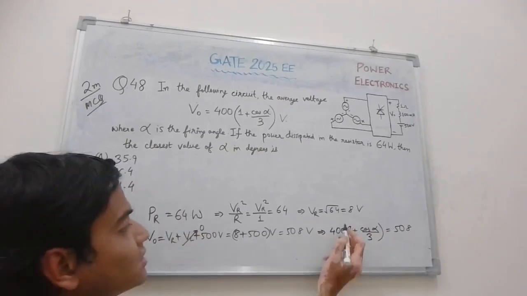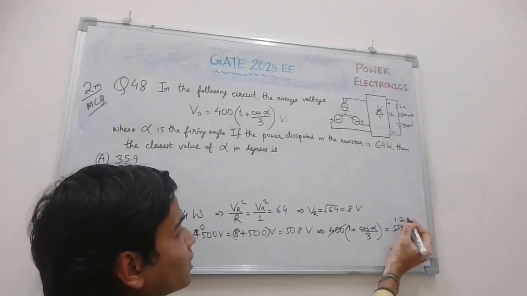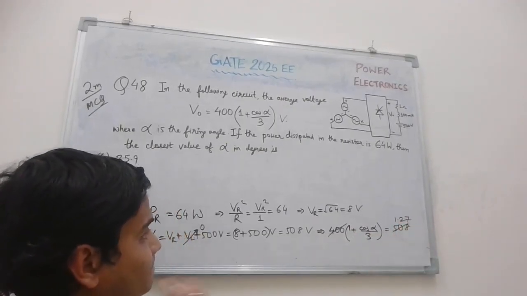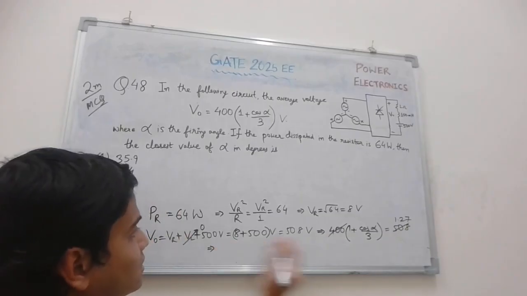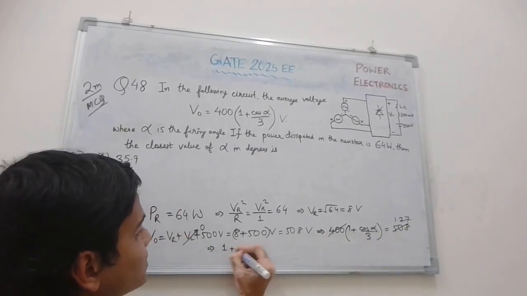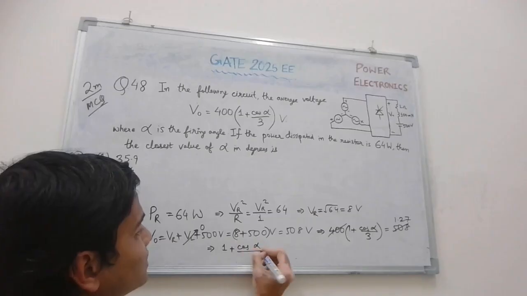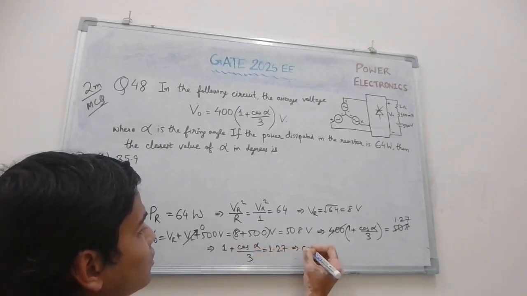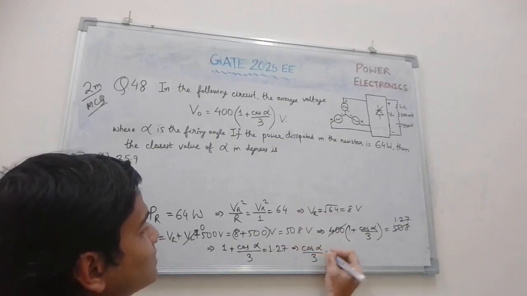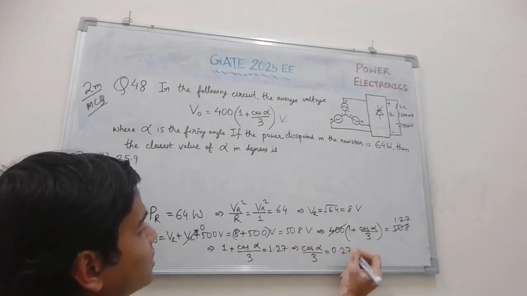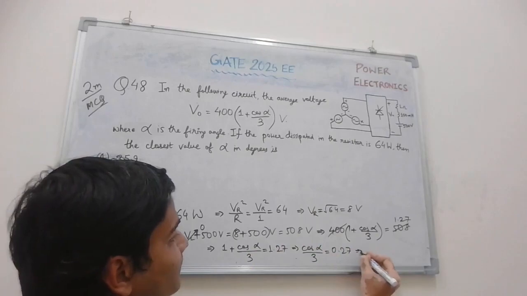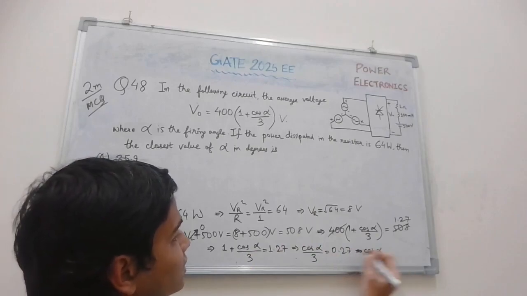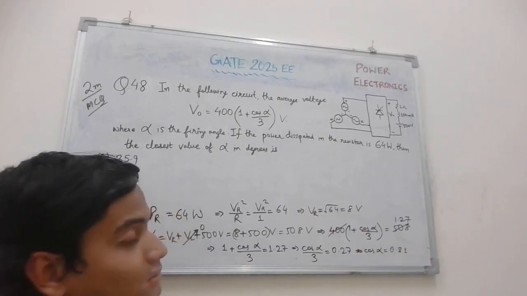If you simplify it, we get 1 plus cos alpha by 3 is equal to 1.27, or cos alpha by 3 equal to 0.27, taking 1 to that side, or cos alpha equal to 0.27 into 3, that is 0.81, right?